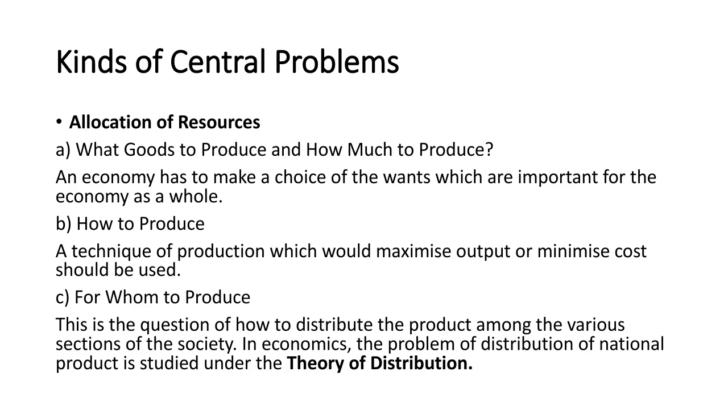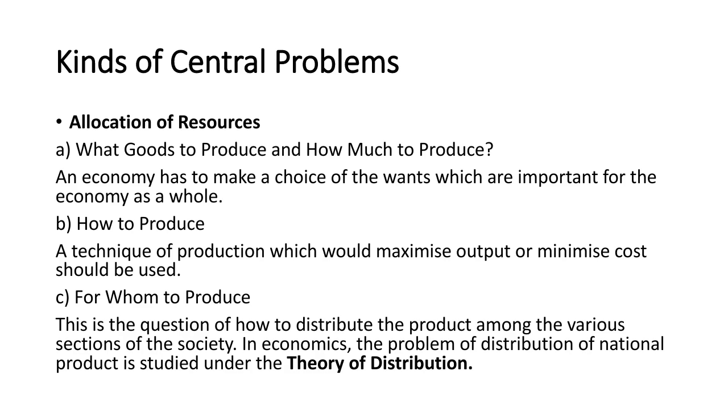Next, we will see kinds of central problems. Central or basic problems are reflected in an economy in the form of economic problems. Any economy, whether market, centrally planned or mixed, has to face these problems. According to Samuelson, there are three fundamental and interdependent problems in an economic organization, and these are what, how, and for whom to produce, which are grouped under allocation of resources.